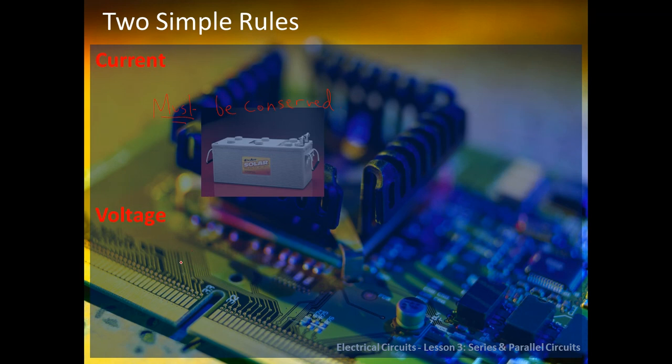And for voltage, you need to look at individual electrons, and every electron must use up its voltage. If they carry any voltage or any potential back to the battery, it will heat up and explode. Those are our two simple rules that we have to maintain in every single circuit we look at.